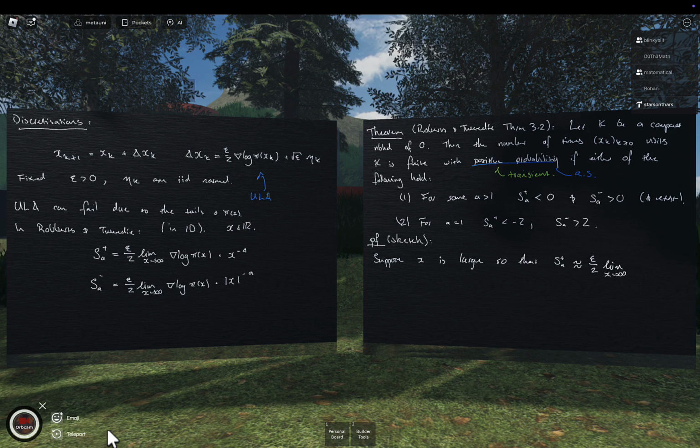Right, what am I trying to... this is just true by definition. What I mean to write is this. So we'll talk about the a equals 1 case.